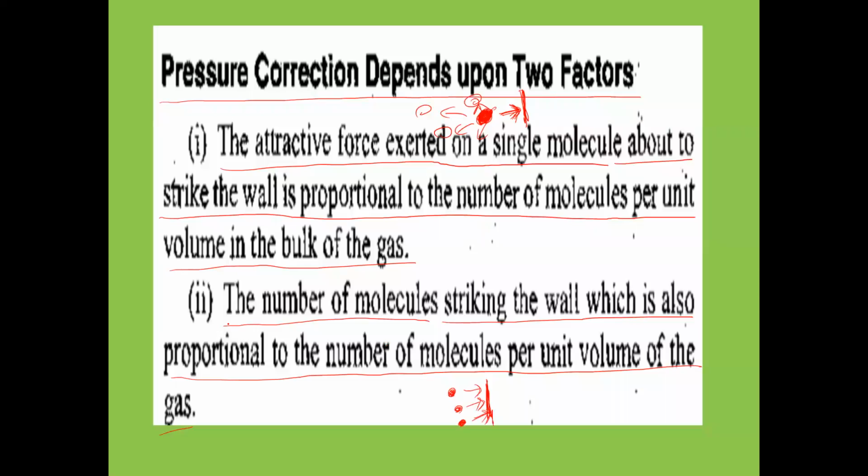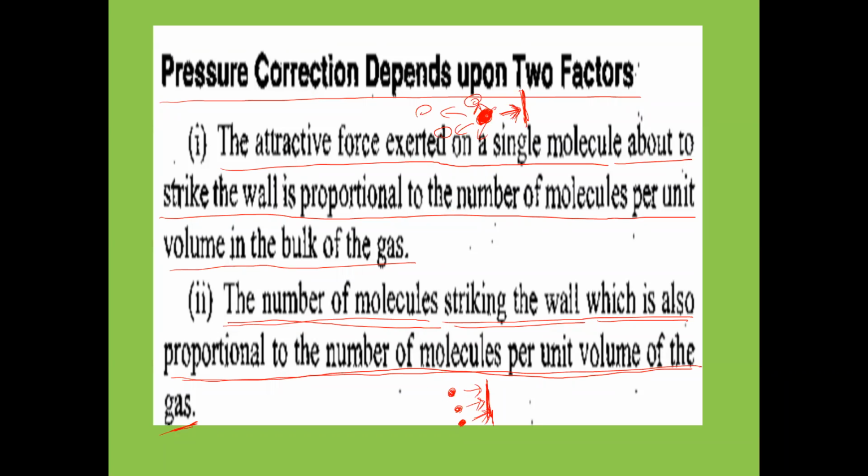So the second point: the number of molecules striking the wall is also proportional to the number of molecules present per unit volume of the gas. Per unit volume, if more molecules are there, there are more collisions on the walls, therefore more pressure will be exerted. So the more gas molecules in the given gas, the more pressure.